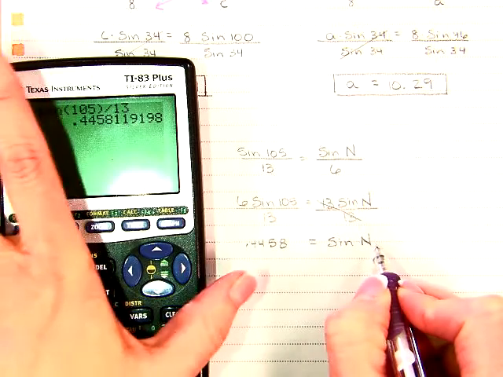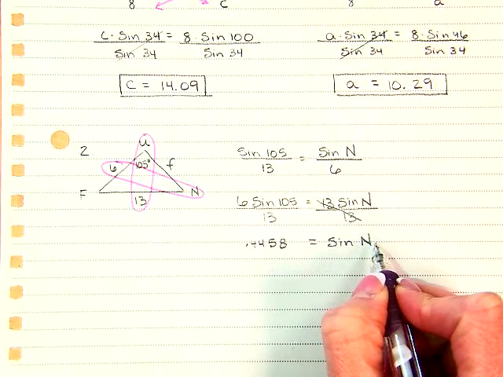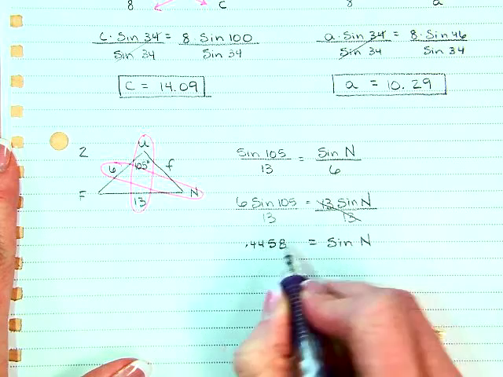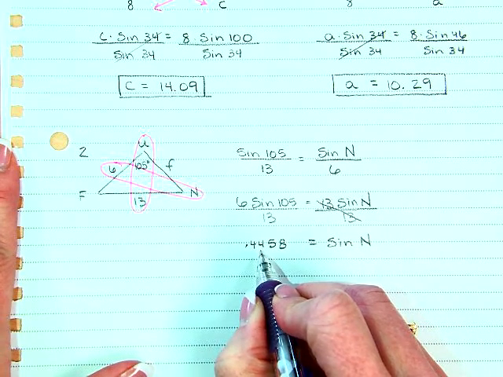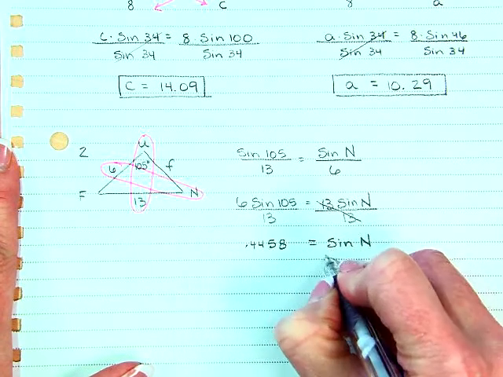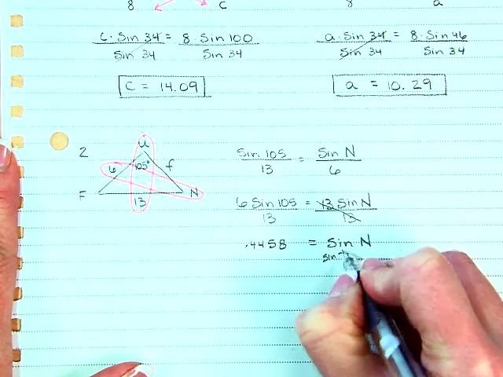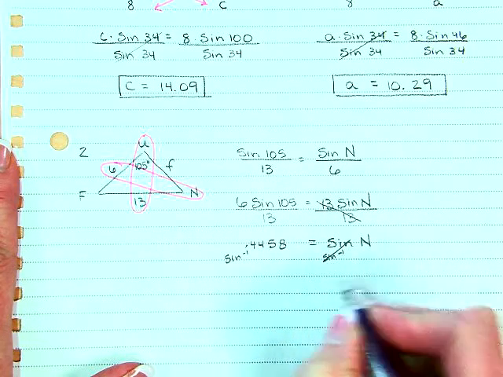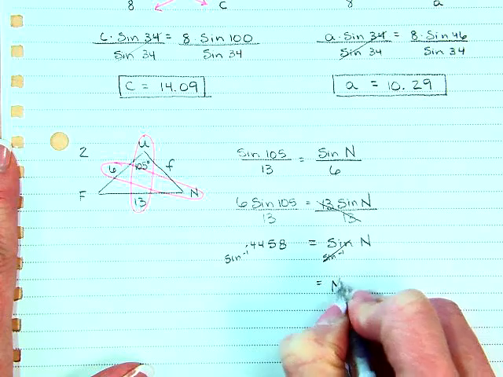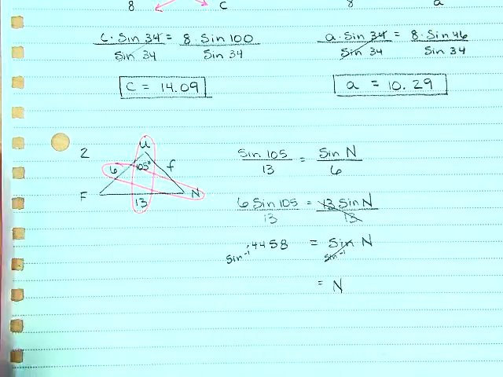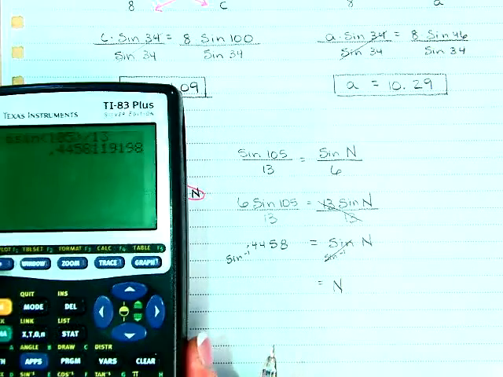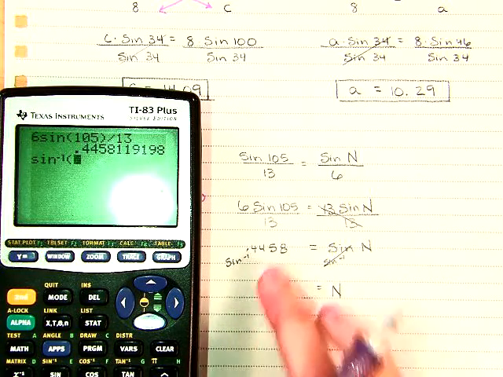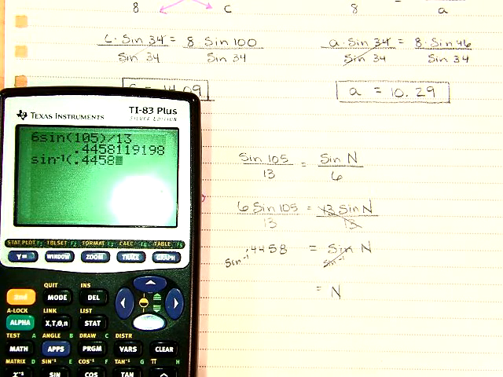So now remember, back in 13.1 we reviewed how to find an angle when you know a trig ratio. So basically I take the inverse sine of both sides, so that cancels the sine, leaving me with angle N. So then again on my calculator I'm going to do an inverse sine, so you have to do second sine, and then you're putting in 0.4458.